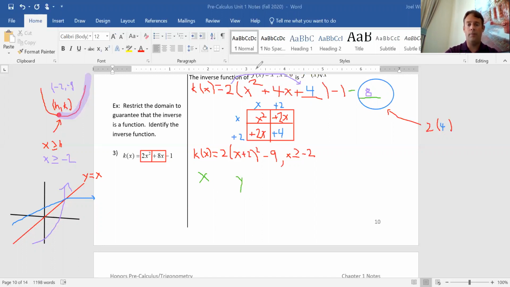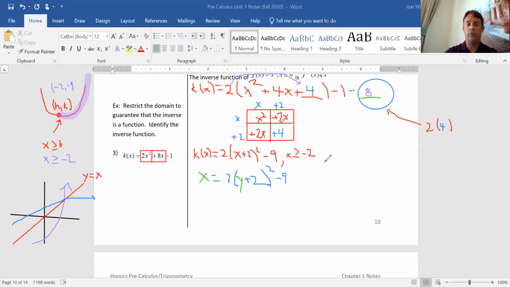Then I'm going to leave the rest of the equation alone. So to figure out the equation of the inverse function, I take my x and y and flip them, and then I'm going to solve for y.